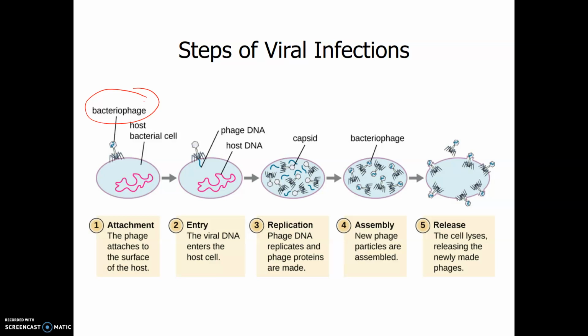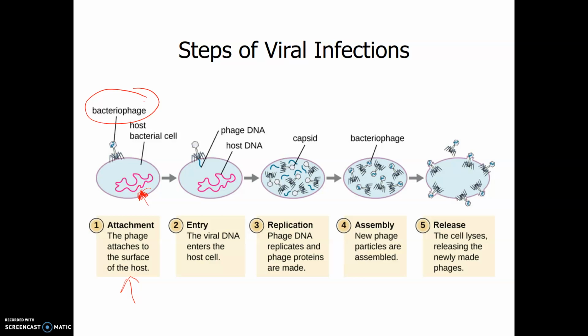So the first stage is that the bacteriophage attaches, it's called attachment. It attaches to the host cell. And what you're looking at here is the bacterium as the host cell, and we know the DNA of a bacterium is a circular chromosome. So that pink structure there is its circular chromosome.